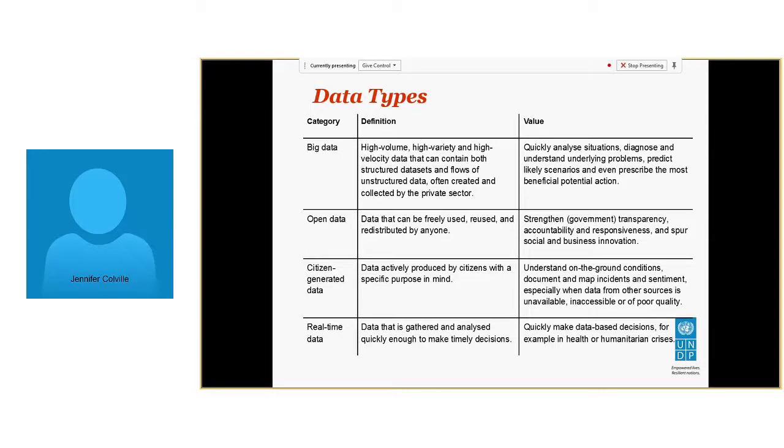Different types of data. I'll just spin through this really quickly, because I imagine everybody's pretty familiar with this, but these are the different types of data that we're using in our data innovation projects. Certainly big data is the most popular. Open data is probably more on the government side: data generally owned by or residing with government entities, but freely accessible and able to be used and reused by anyone.